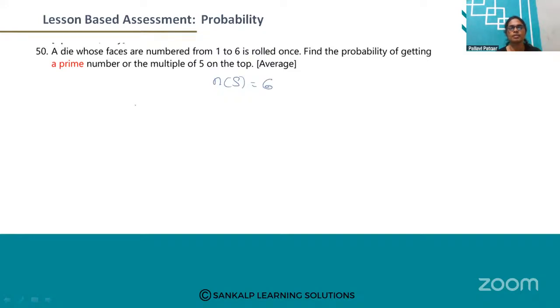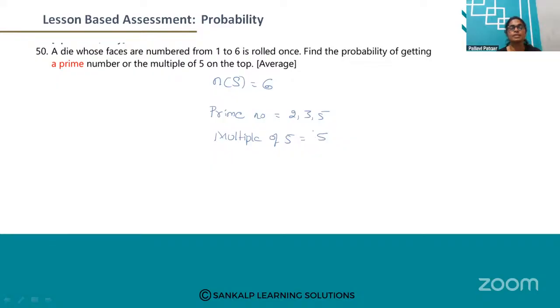So here prime number or a multiple of 5. Prime numbers from 1 to 6 are 2, 3, 5. And the multiple of 5 is 5.